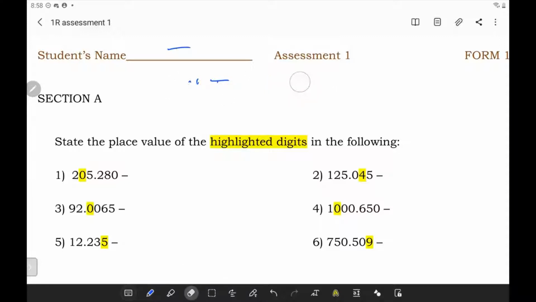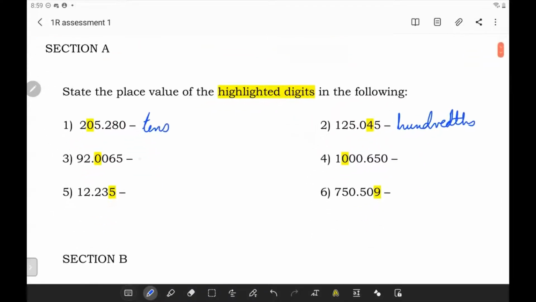So let's see. The first one is the tens column. This one is the hundreds column. This one is the tens.